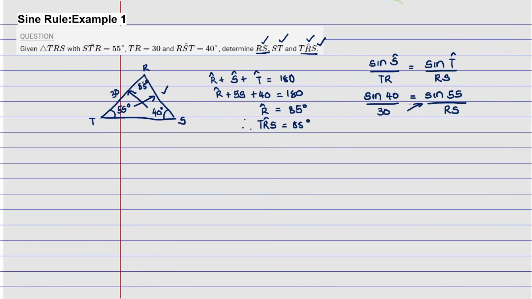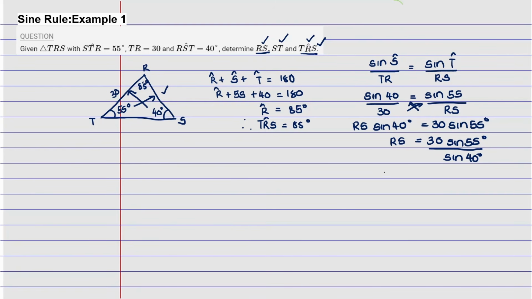When we cross multiply, it's RS times sine 40 degrees equals 30 times sine 55 degrees. Then we divide, so RS is equal to 30 sine 55 degrees divided by sine 40 degrees.